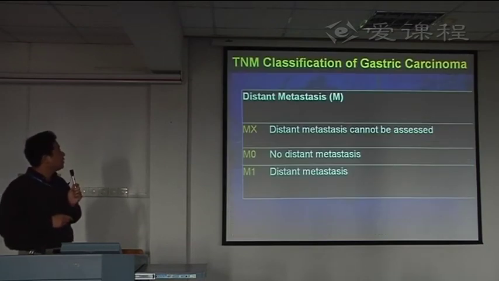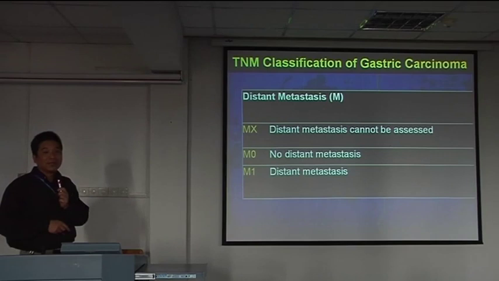As for the distant metastasis, M0 is no distant metastasis, M1 is distant metastasis, usually including liver metastasis, H1, H2, peritoneal metastasis, and lymph node.